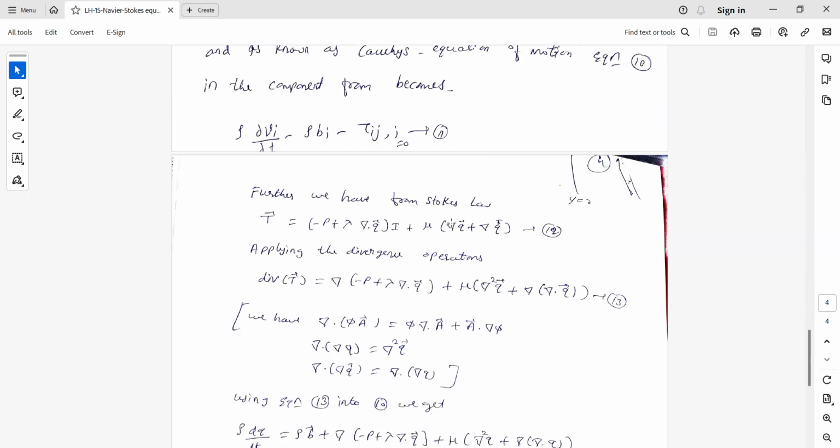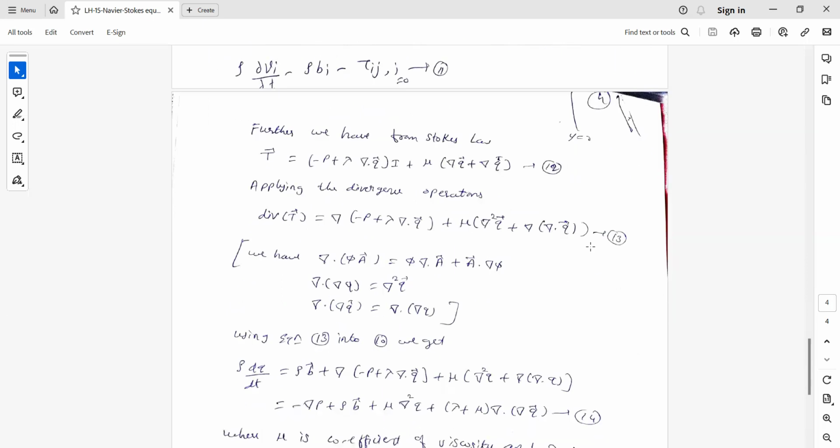Further, equation 10 can be represented by substituting Stokes' law, T equals minus p plus lambda grad dot q into I, plus mu into grad q plus grad q transpose. Now apply divergence on both sides to get the divergence of T, equal to grad of minus p plus lambda grad dot q, plus mu times grad square q plus grad of grad dot q.